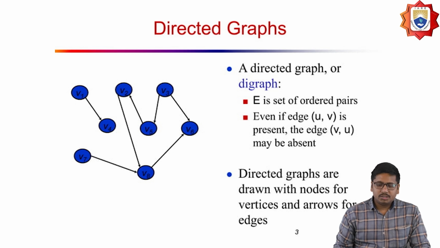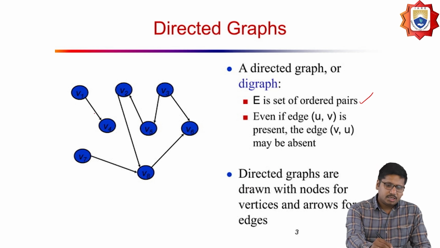The directed graph has another synonym, digraph. The edge set is a set of ordered pairs, so even if edge uv is present, edge vu may be absent. Directed graphs are drawn with nodes as vertices and arrows for the edges.